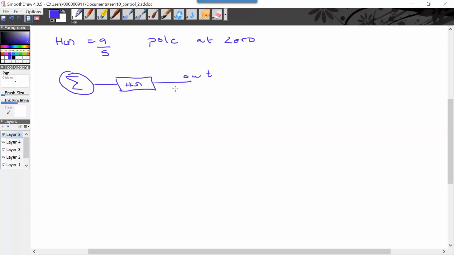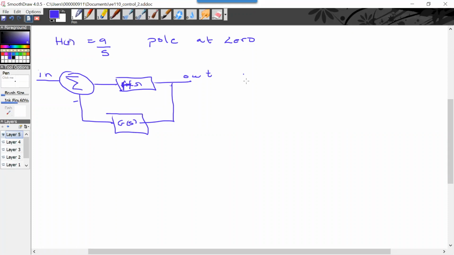Coming up with a new system. We have an input, a transfer function, and now a new output, and this is our feedback network, where we need to pick a G of s that will bring the system into control.